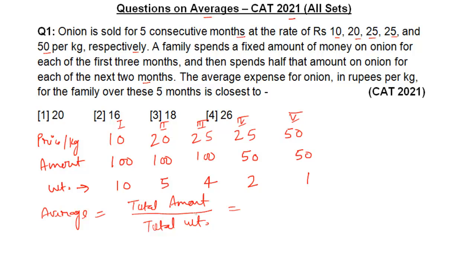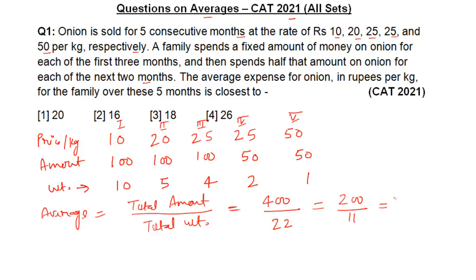So you have to fill this with the help of what we have just calculated. So total amount is 100, 200, 300 plus 100, that is 400, that is the total amount spent, and this is divided by total weight 15 plus 4, 19 plus 2, 21 plus 1, 22. So this is 400 by 22, or I can write 200 by 11.